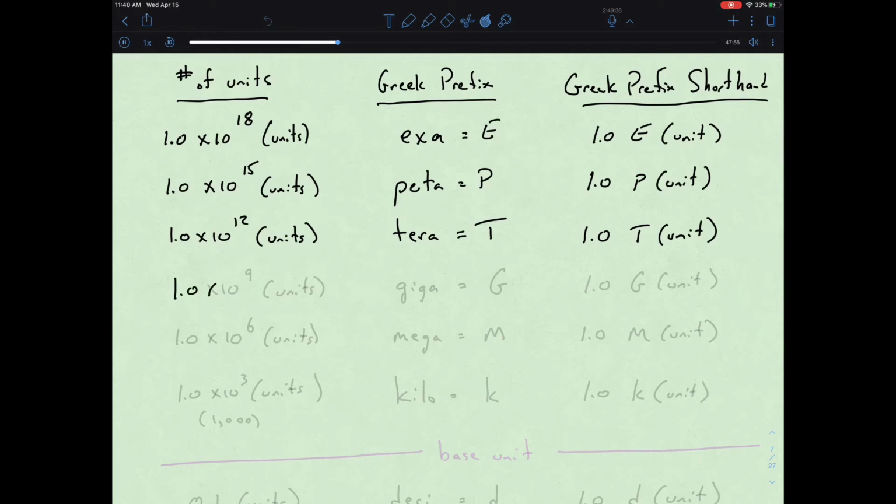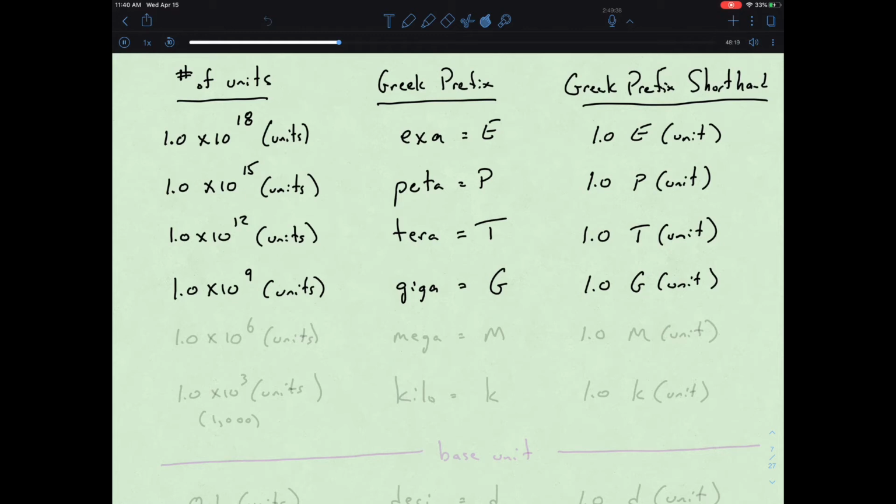If we go down to 1 times 10 to the 9th, that's where we now have giga, or we're talking about bytes like we were with the terabyte. Now this would be gigabytes.